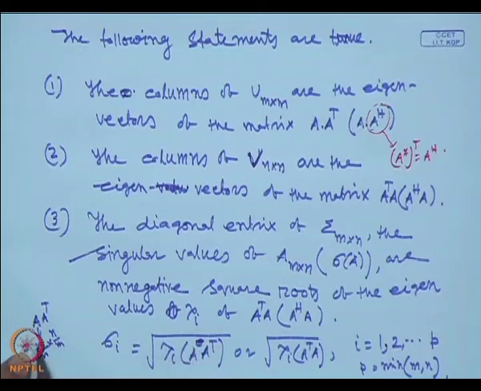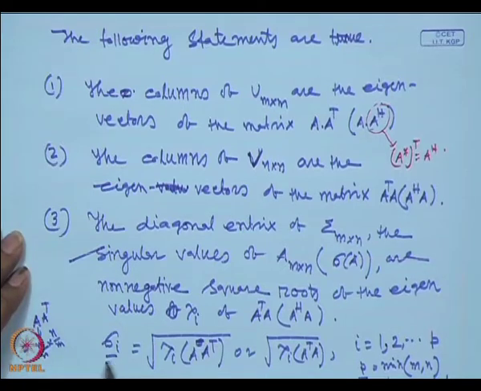If n is less than m, then you do A transpose A, agree? Then you will get the eigenvalues sigma 1, sigma 2, all these things. That is why I have written p is the minimum of the two.